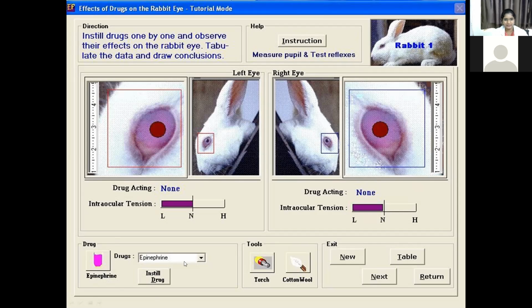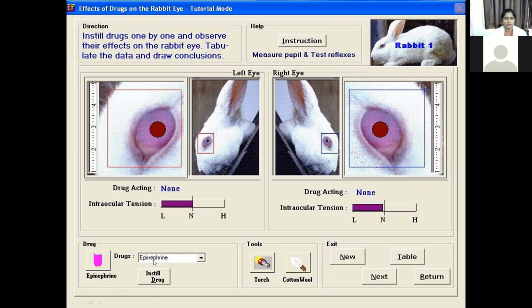You will select the drug which you want to instill in the rabbit eyes. First you have to select the drug name. For example, epinephrine is here, an adrenergic drug. If you click on this drug, you will get it.